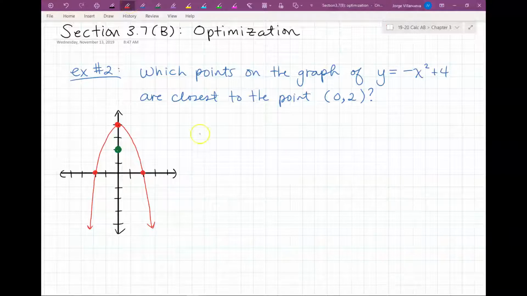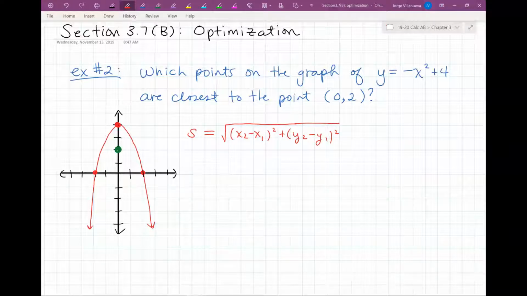So we know that distance is equal to the square root of, notice I did put the letter S for distance, not the letter D, because if you take the derivative of distance, you don't want it to be dd, right? It's going to look really weird. So we use S. So S is equal to the square root of x sub 2 minus x sub 1 squared plus y sub 2 minus y sub 1 squared.